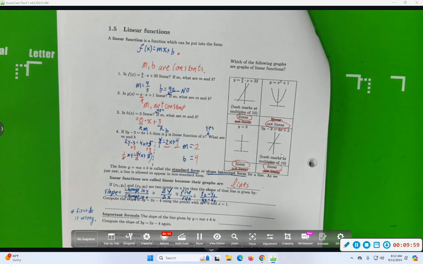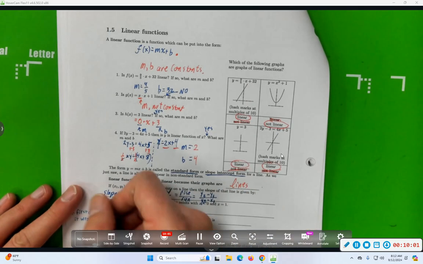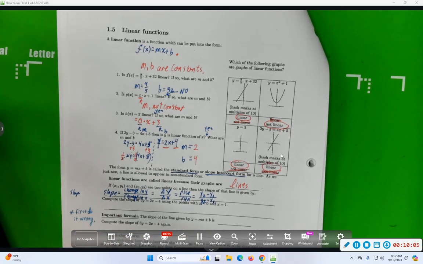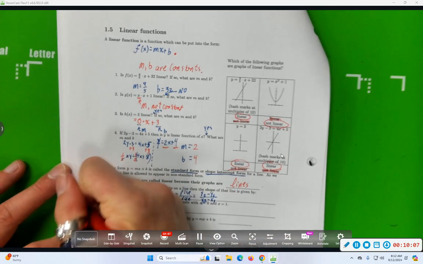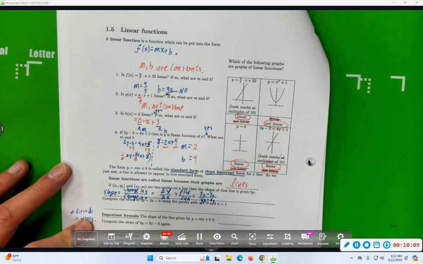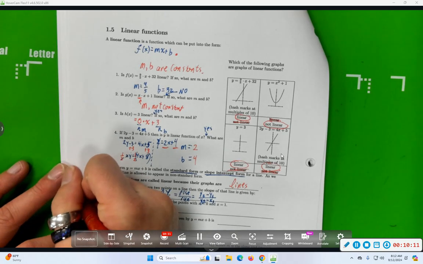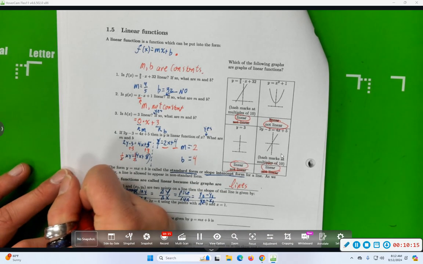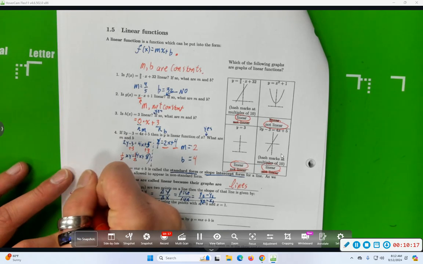So let's use that for something. Let's compute the slope. Oh, let's change colors again so we can tell what the problem is. Let's compute the slope of 3y equals 2x minus 4.